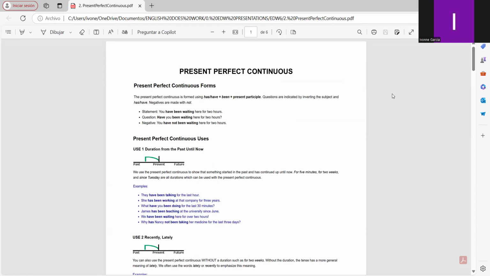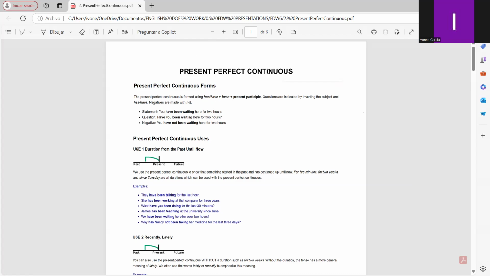As I told you in the last web conference, all perfect verb tenses use an auxiliary, and that auxiliary is the verb have. As we are still talking in the present, we use the have and has forms.